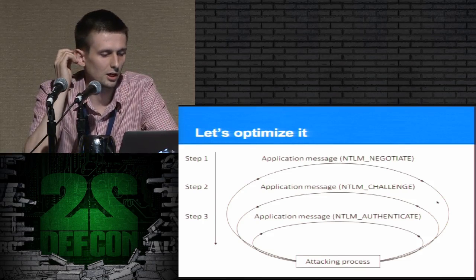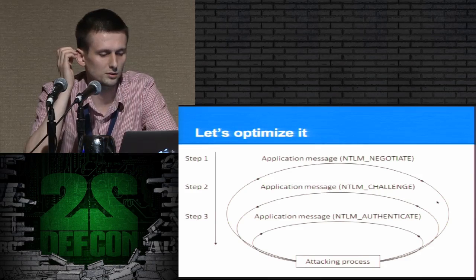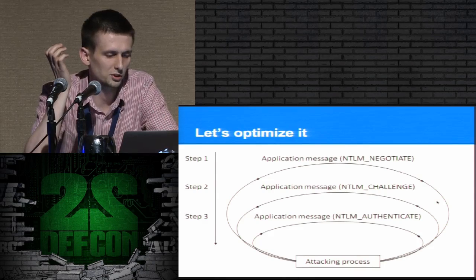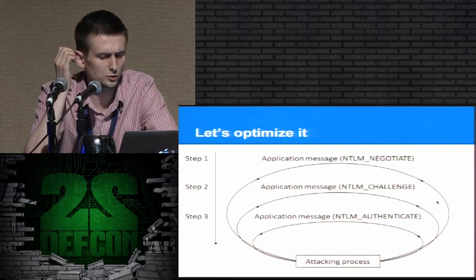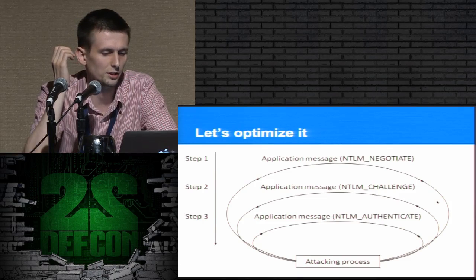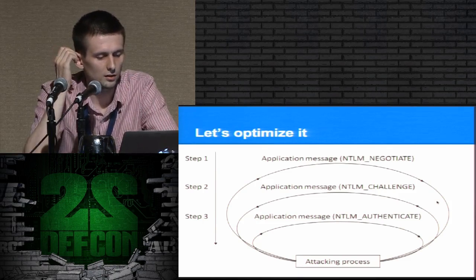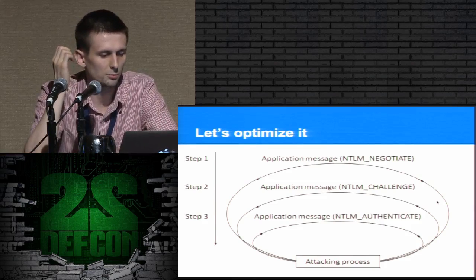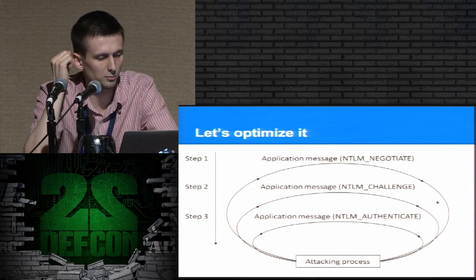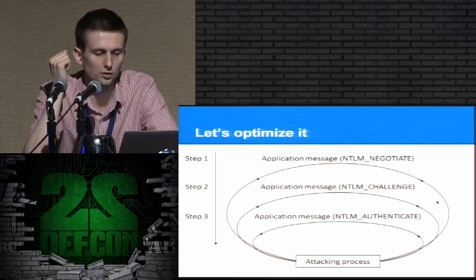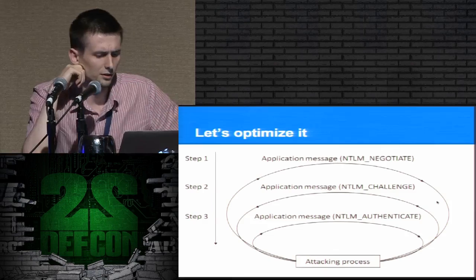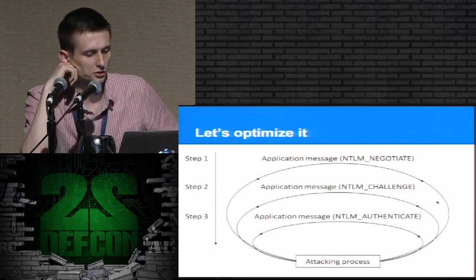That means the application actually knows what the challenge is, what is sent to the server, and what was captured by the client. So there is no traffic on the network, and the attacking application could grab all that information that was passed and use it to calculate and extract hashes later.